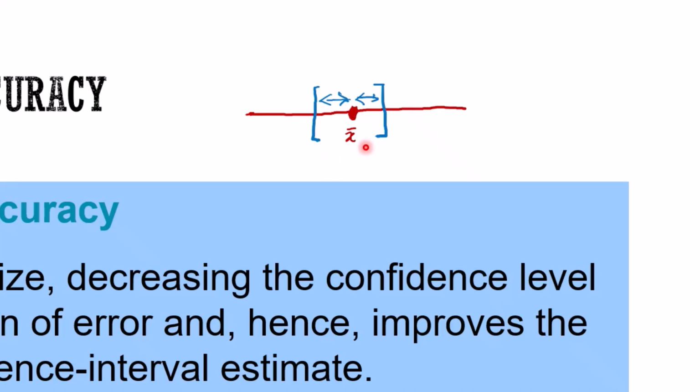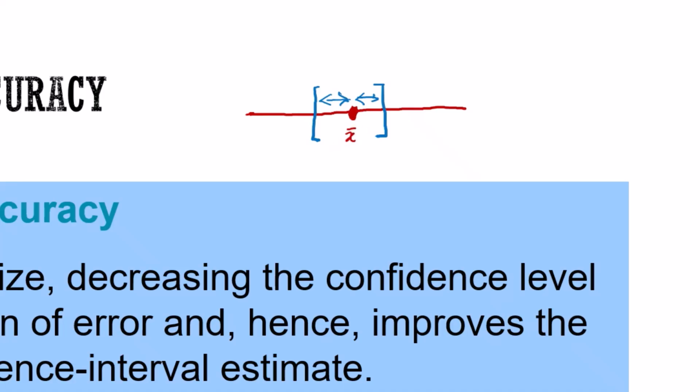So when the margin of error is added, the confidence level goes up. The margin of error, of course, is increased, but the precision decreases. We do not need to be as precise as we had to be when there was no margin of error.